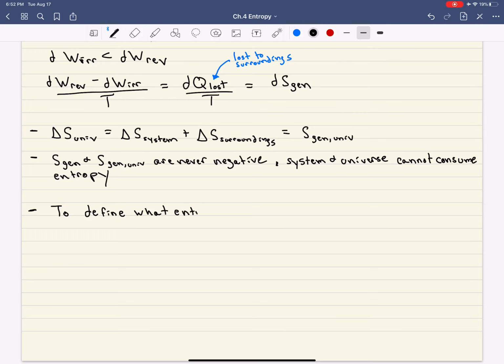To define what entropy physically means, we're going to have to wait until chapter 6, but earlier than that, what I call chapter 5.5.